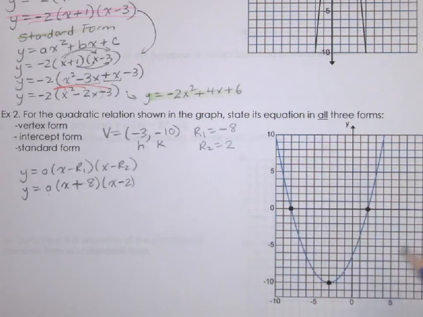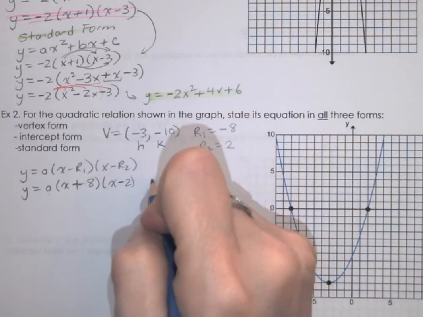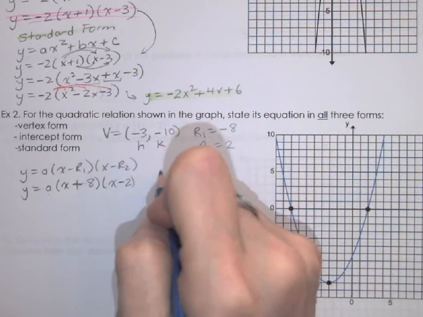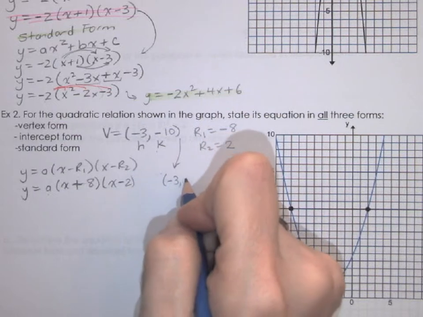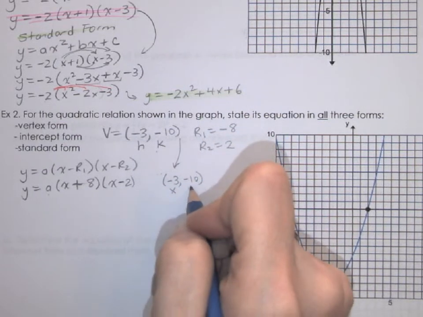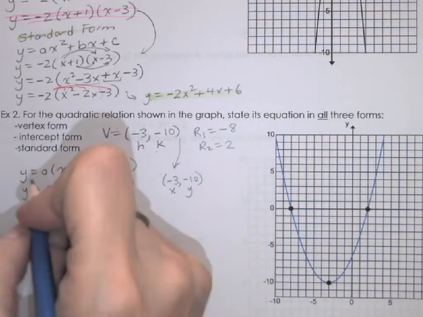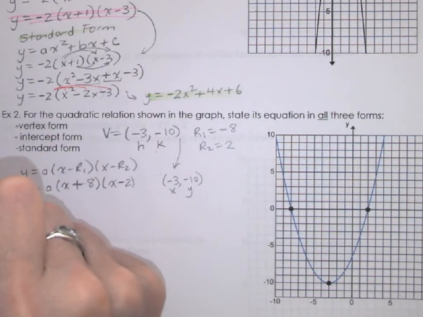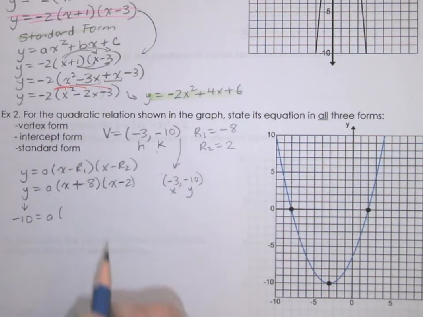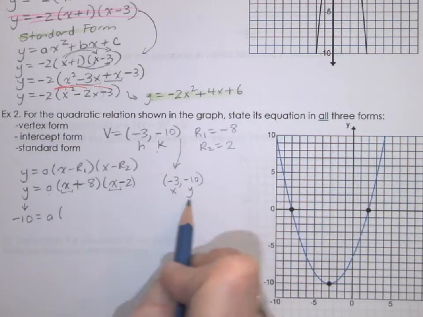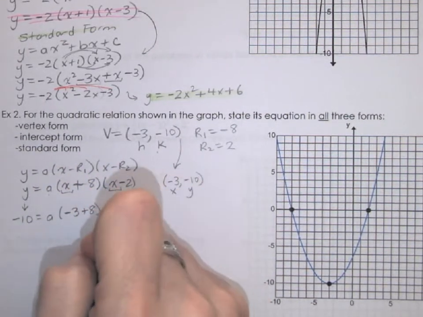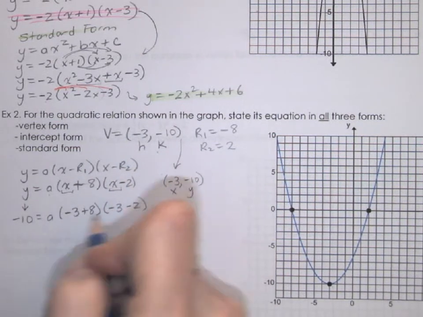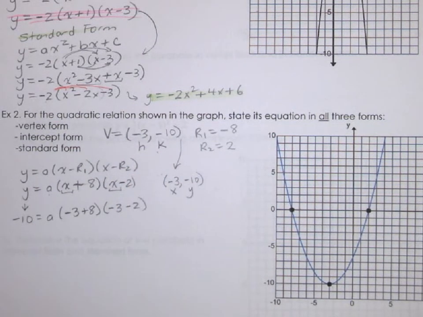So we need another point that we know is on this parabola, and we happen to have it. It's the vertex. So we can use the vertex right here as a point that we know is on the parabola, as our x and y. If we substitute in negative 10 for the y value, and then in both of these locations substitute in negative 3 for the x value, our only unknown will be the a value, which we need for all three forms.